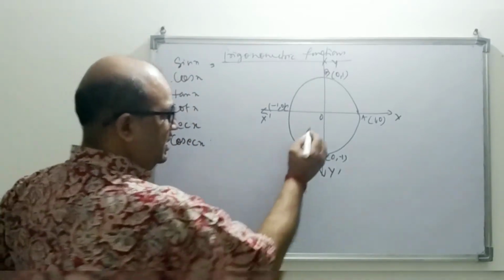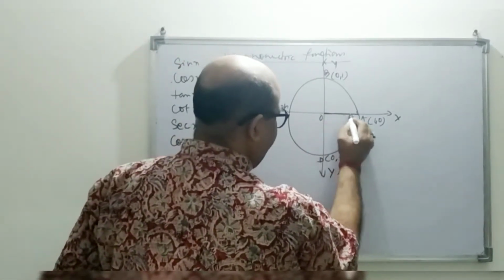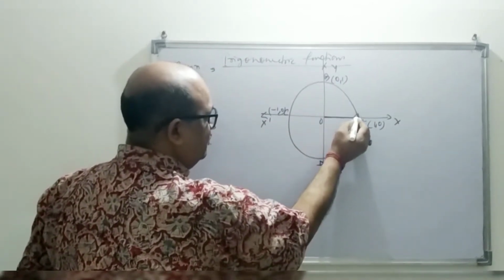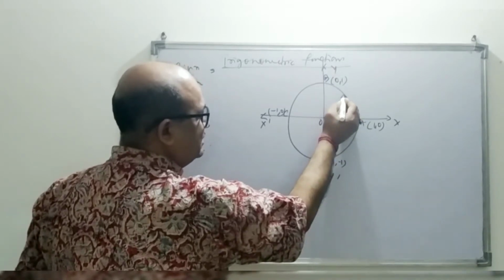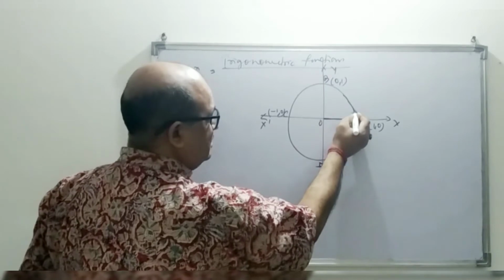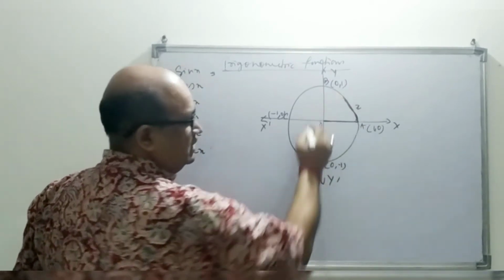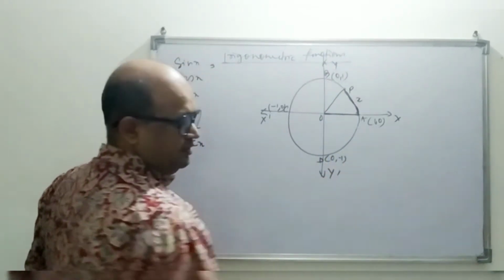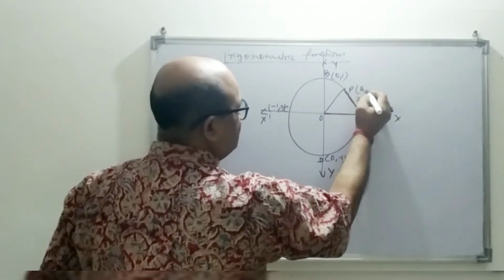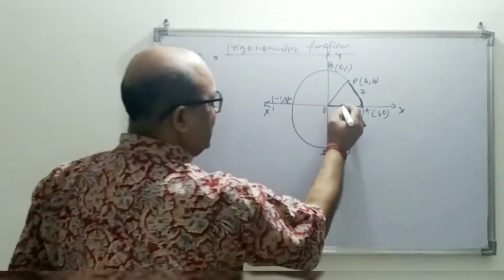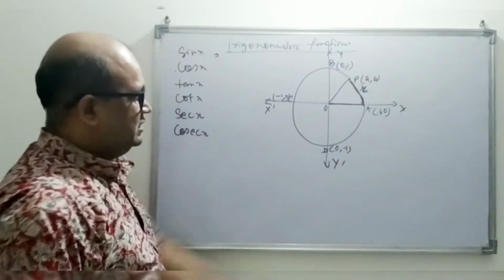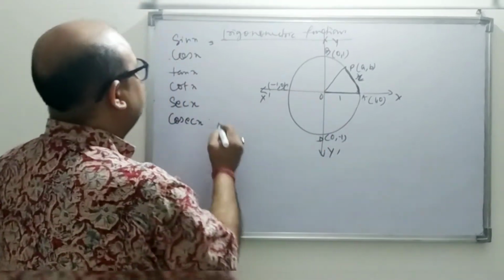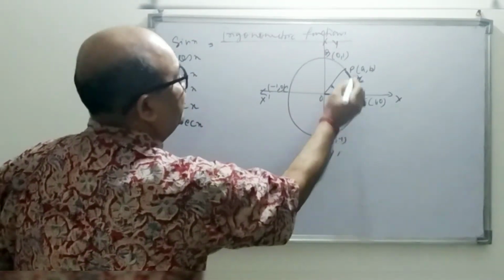Let this line OA start from the initial position A and move in an anti-clockwise direction and cover a distance x through this arc. The length of the arc is x and the point is P. The coordinate of P is (a, b), suppose. Since the arc is x and the circle is a unit circle, the angular measurement will be x.